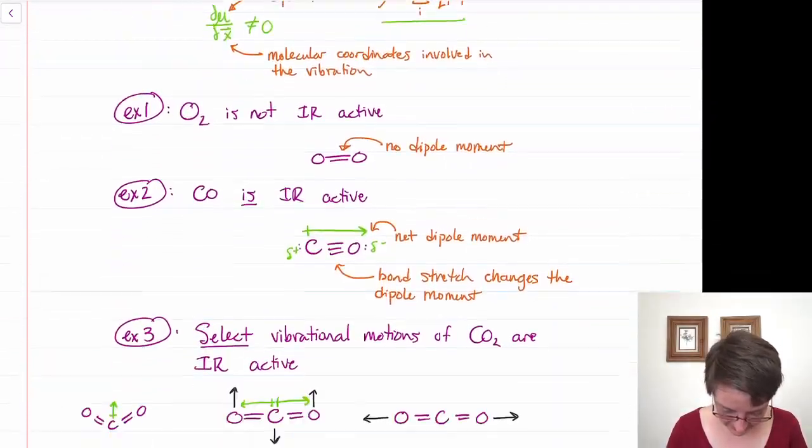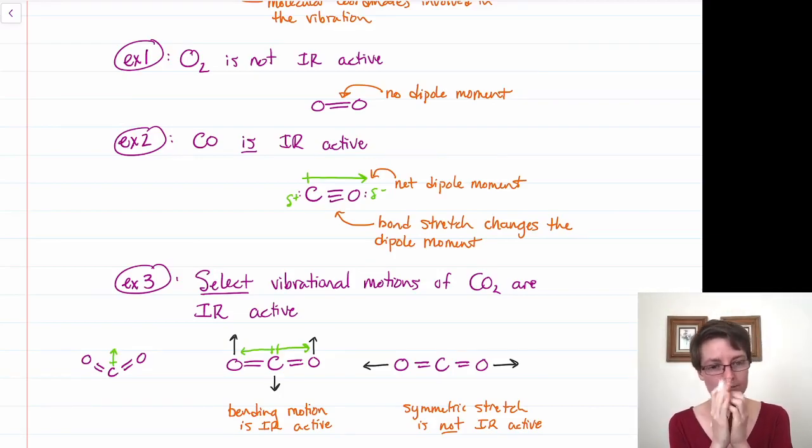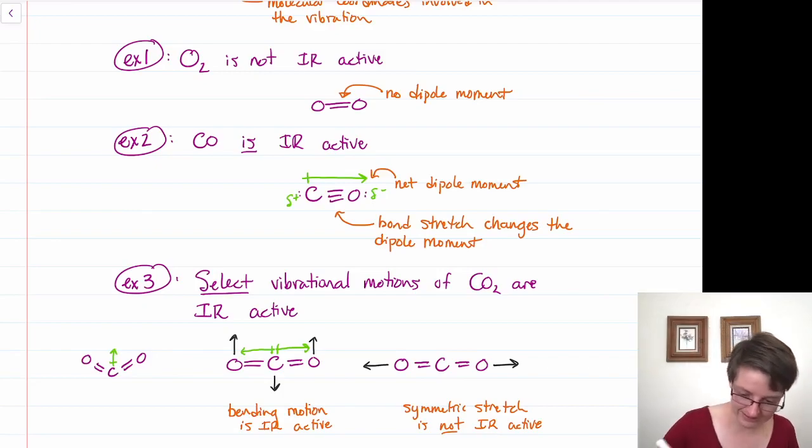On the other hand, another type of motion, what's called the symmetric stretch, ends up not being IR active. A symmetric stretch is, again, where we're going to hold the middle carbon still, and we're going to allow the oxygen atoms to move out simultaneously or move in towards one another simultaneously.